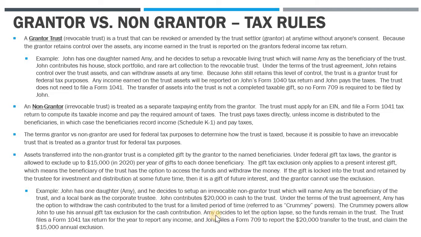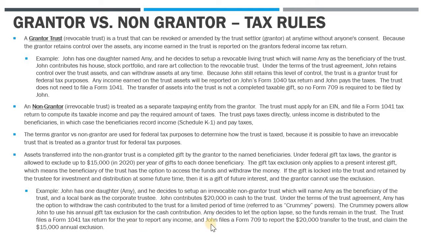Amy decides that she's going to let the option lapse, so the funds are going to remain in the trust. The trust files a 1041 for the year to report any income or loss or expenses. And then John is able to file a 709 gift tax return to report the $20,000 transfer, and he can claim the $15,000 annual exclusion.